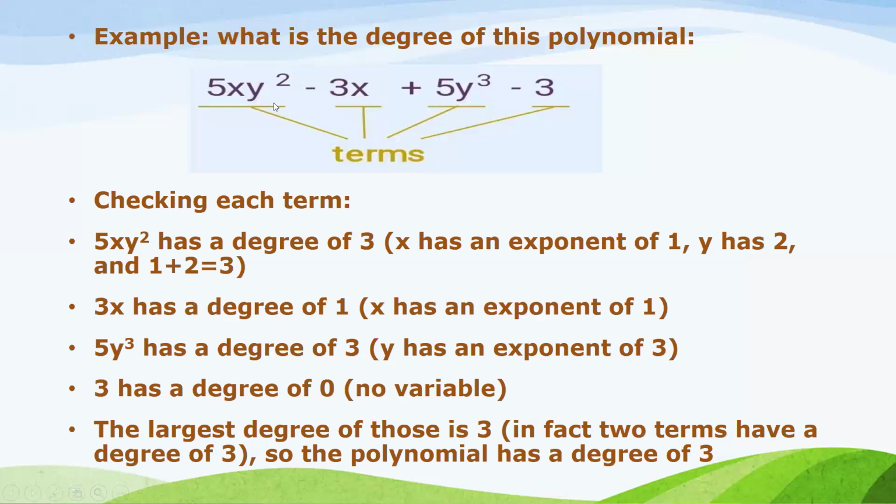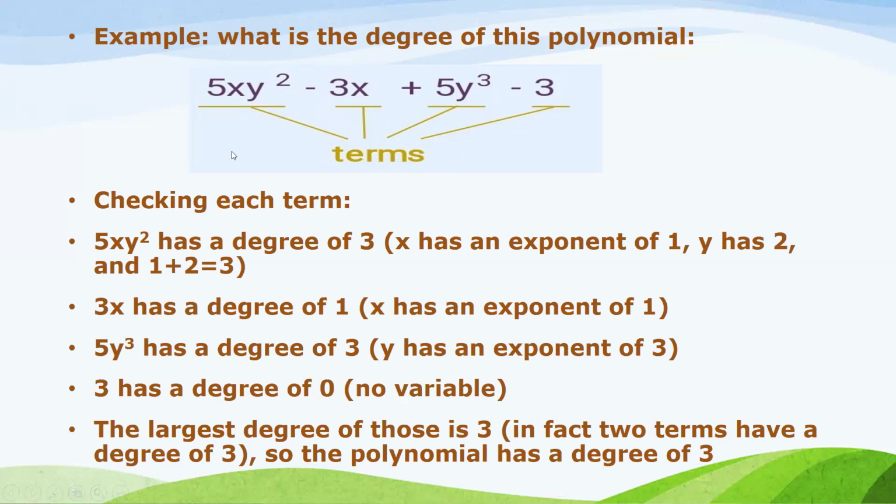Let's discuss another example. If there is a question 5xy squared minus 3x plus 5x cubed minus 3. Students, how many terms are there? 1, 2, 3, 4. 4 terms are there. Terms are separated by the negative and positive sign. So first of all, we have to find the sum of the powers of these terms, right?